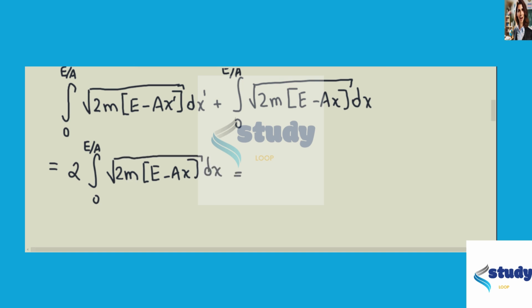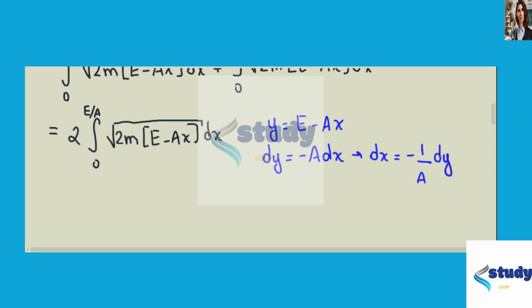So basically, I'm going to do again a change in variables. I'm going to take y and call it E minus Ax. Notice that in this case, dy is equal to minus A dx, meaning that dx is equal to minus 1 over A dy.